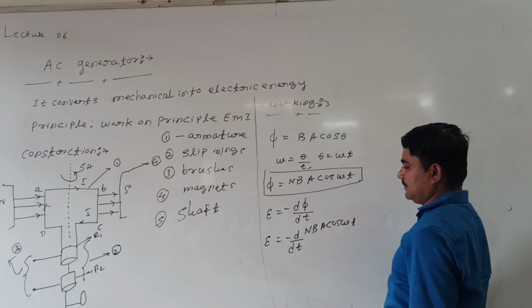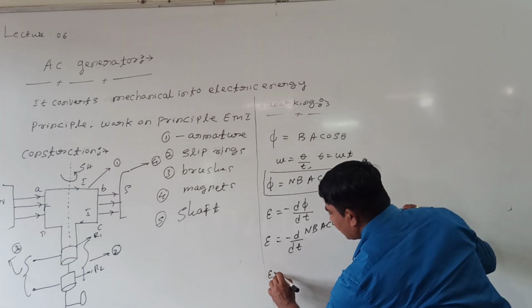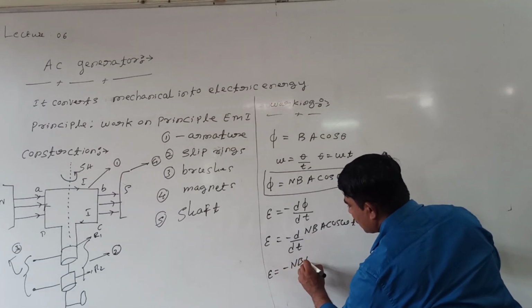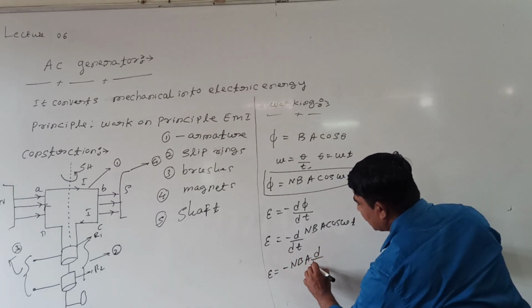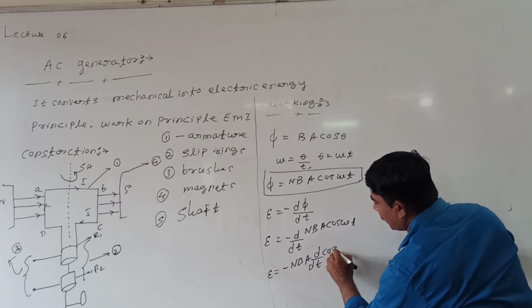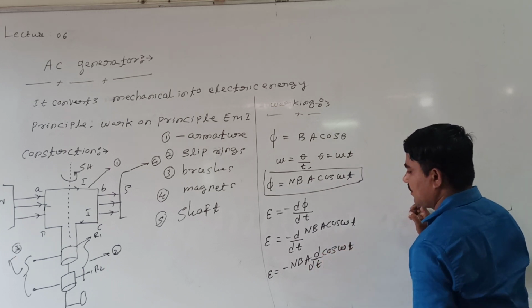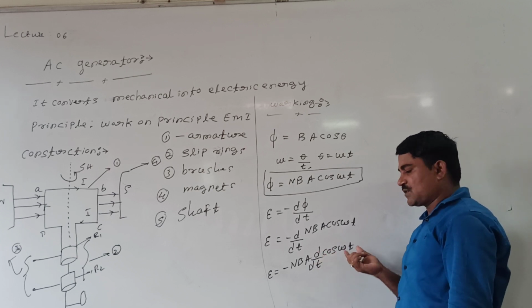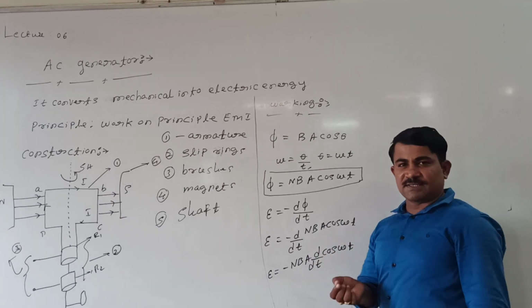NBA is constant. What is EMF then? EMF is equal to minus NBA d by dt of cos omega t. The differentiation is of the form d by dx of cos x, which is minus sin x.